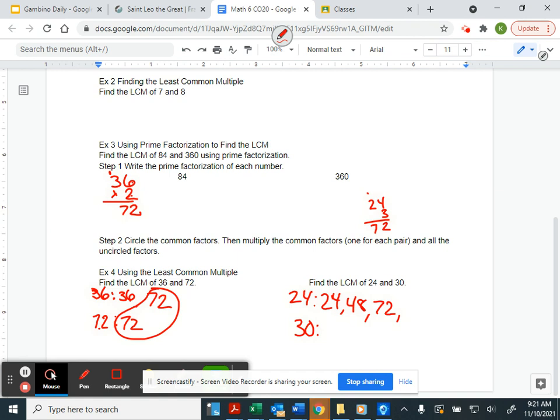Yep, 72, times 4, 96, times 5, 120. So now that I went out 5 times, now I'm going to do my 30 going out. So 30, 60, 90, 120. Oh boy, I don't need to go out anymore because I see that 120.